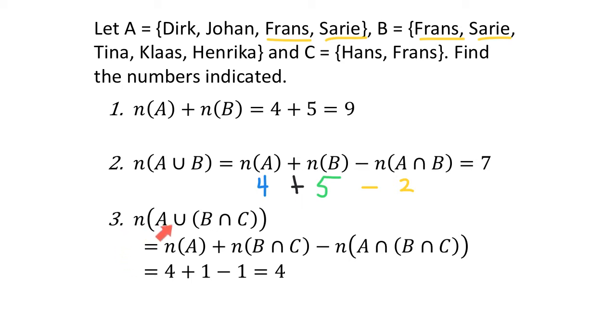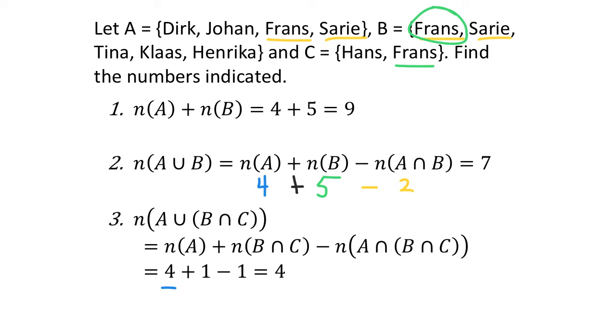Now, the number in A union, B intersect C. This is the union rule. This is the number in A plus the number in the intersection of B and C minus the number included in all of them. So we have the number in A is 4 still, yes. B intersect C. Let's see. B and C have Franz. That's it. They only have one in common.